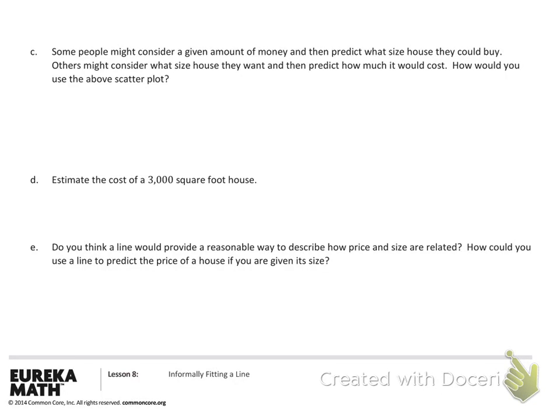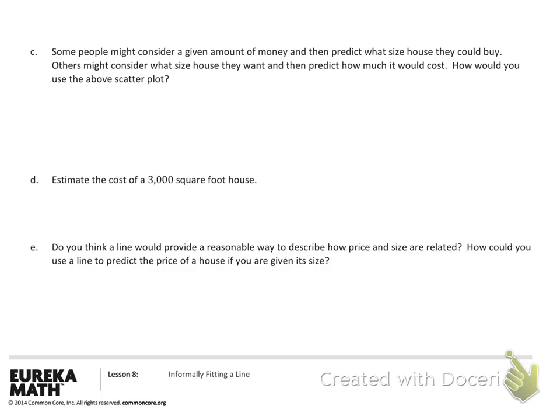Okay, now let's spend a little bit of time discussing this next question, part C. Some people might consider a given amount of money and then predict what size house they could buy. Others might consider what size house they want and then predict how much it would cost. How would you use the above scatter plot? Okay, so this question is getting at which variable do I want to choose the value of?